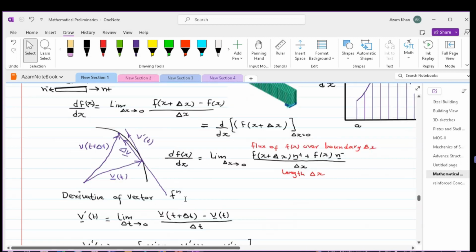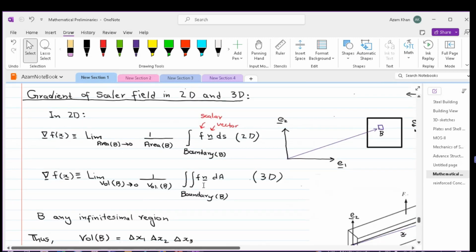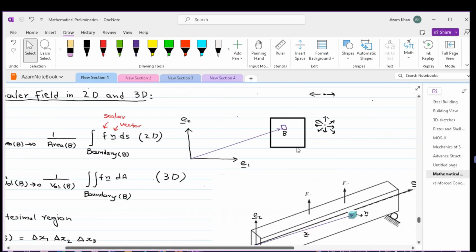Now let's see whether we will follow the same logic in the case of the generalized definition of a gradient of a scalar field. In the case of the gradient of a 2D scalar field, we take a 2D body, and within that body we take a small element. Previously in single variable calculus we had a small length delta x.